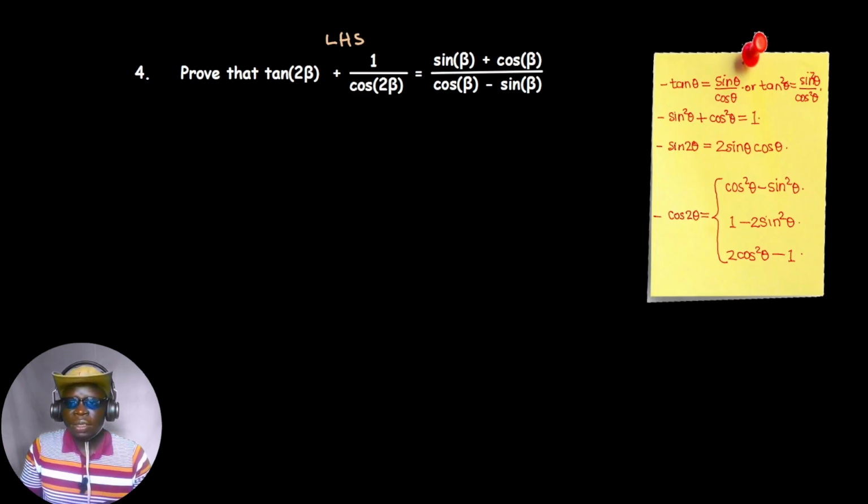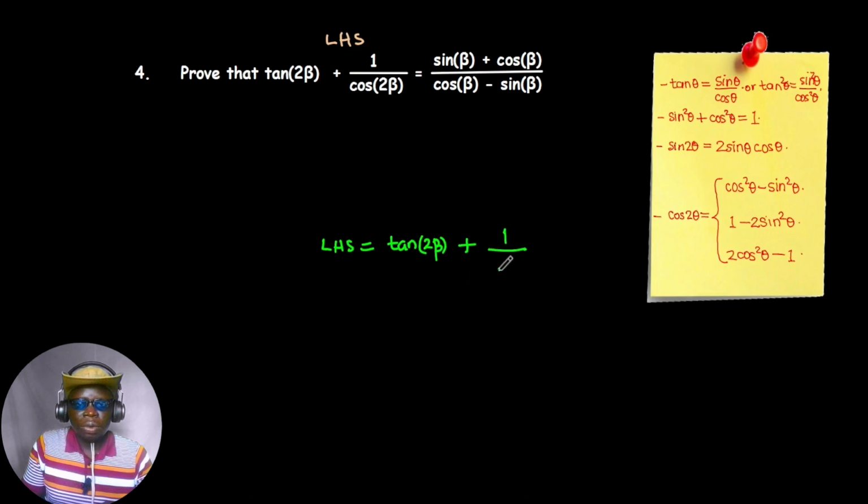Looking at the last bit of this question here, the left hand side says tan 2 beta plus 1 over cos 2 beta. Now, how do you start solving this? Remember, we need to write this in terms of sine and cosine always, and that is from our grade 11 identities.